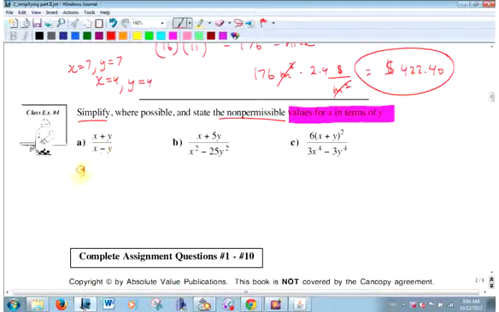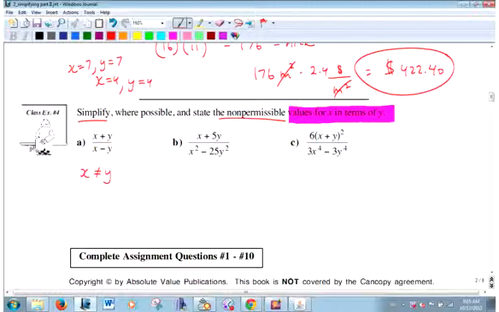Or am I going to simply say x not equal to y? That's my restriction. As long as x isn't y, I'm okay. That's the restriction.